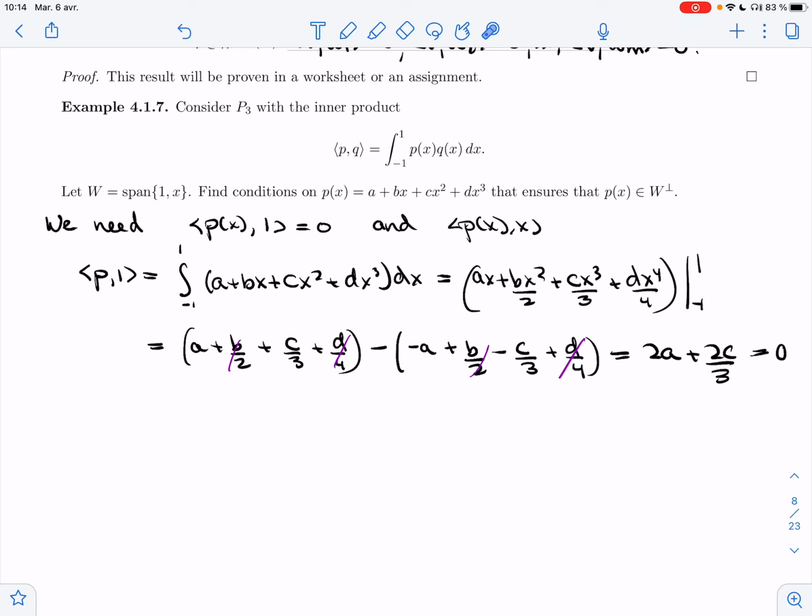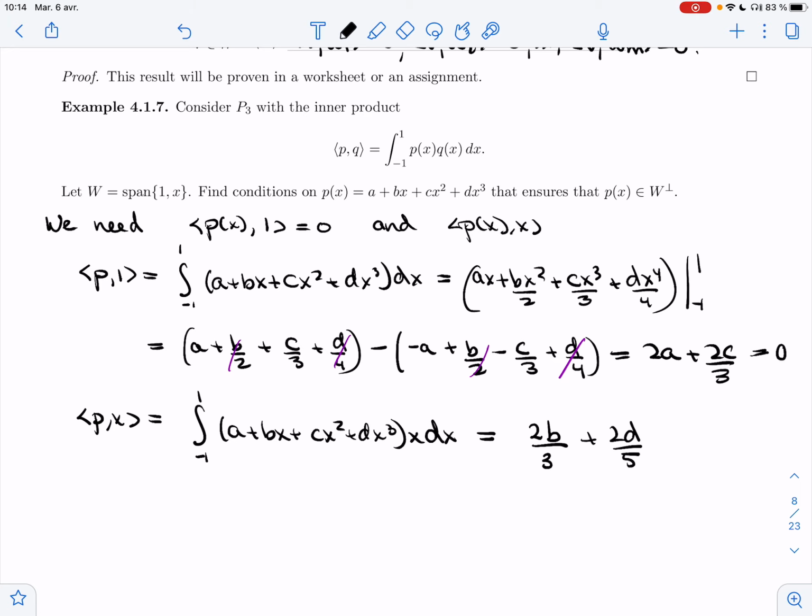We checked that p was perpendicular to the first generator. Let's do the second one. So that would mean that the integral from minus 1 to 1 of a plus bx plus cx squared plus dx cubed, times x dx, is 0. I actually computed it ahead of time to save a bit of time. So I got 2b on 3 plus 2d on 5.